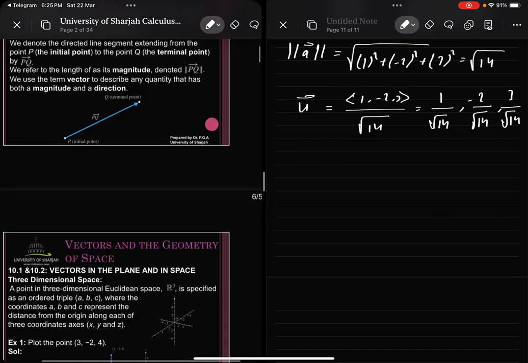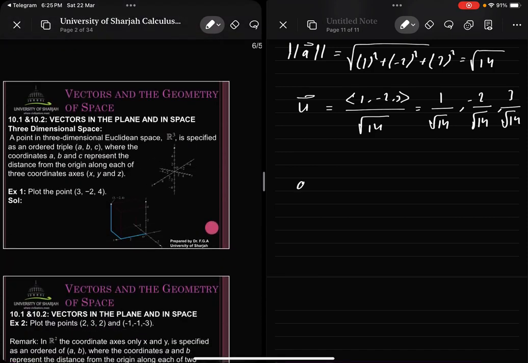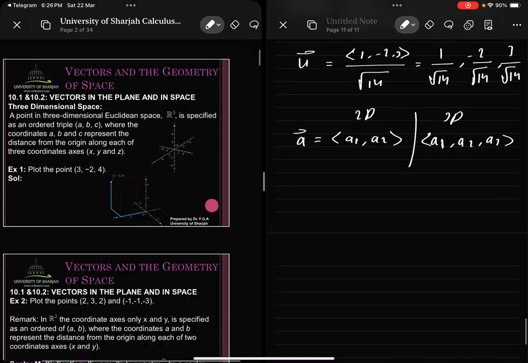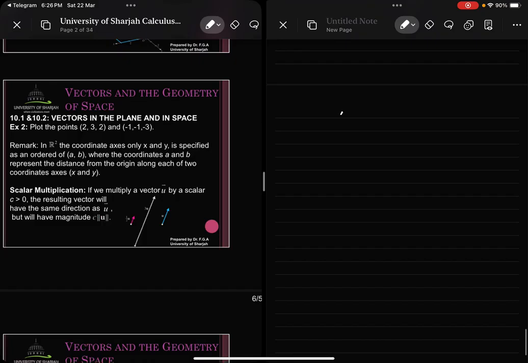We learned that we have something called vector A, which in 2D has A1 and A2, and in 3D will be A1, A2, and A3. If we have this vector A and 2A, it will be like this.